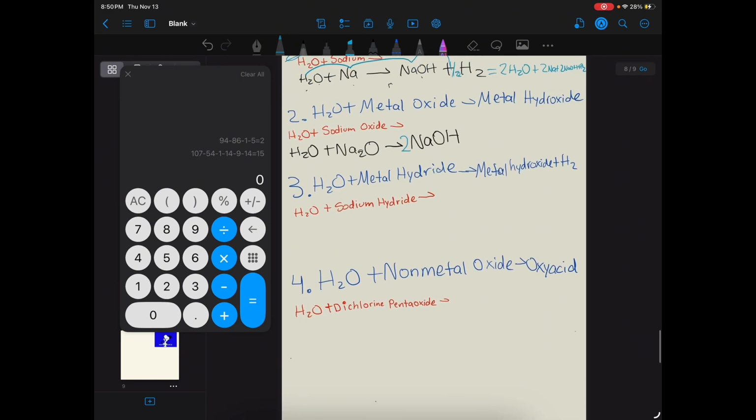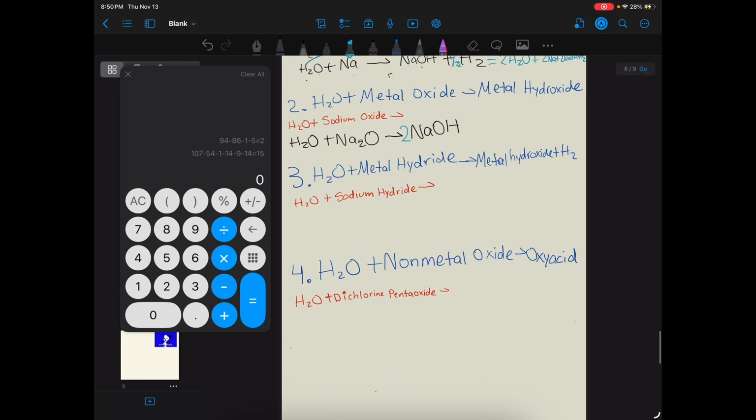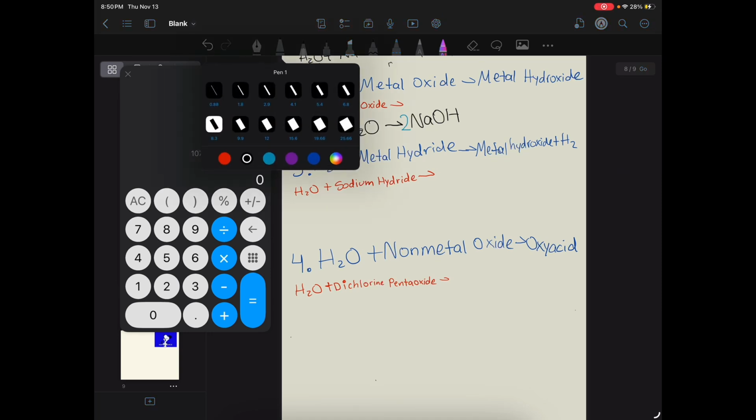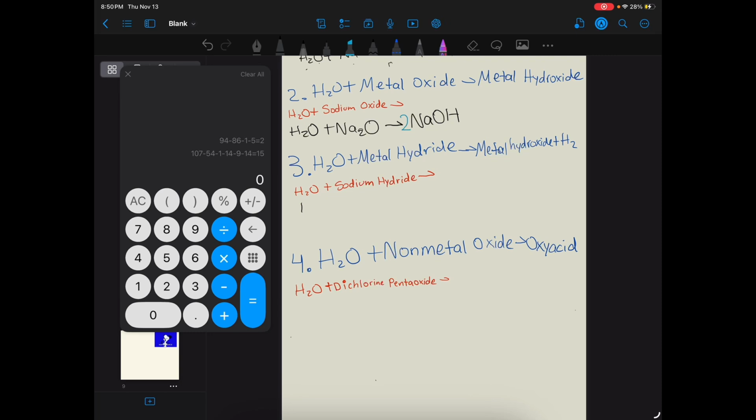Okay, so the third trend that we have is H2O plus a metal hydride equals metal hydroxide plus, again, the hydrogens. So what that means is this H2O plus sodium hydride, which again can be written as H2O plus NaH.